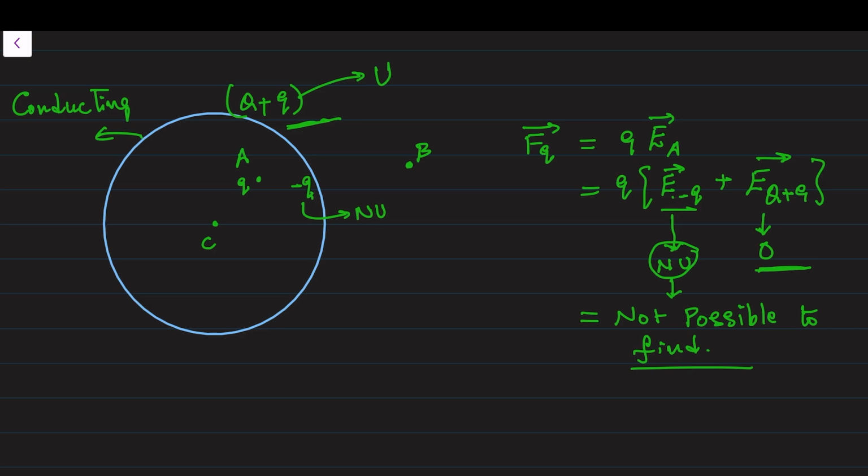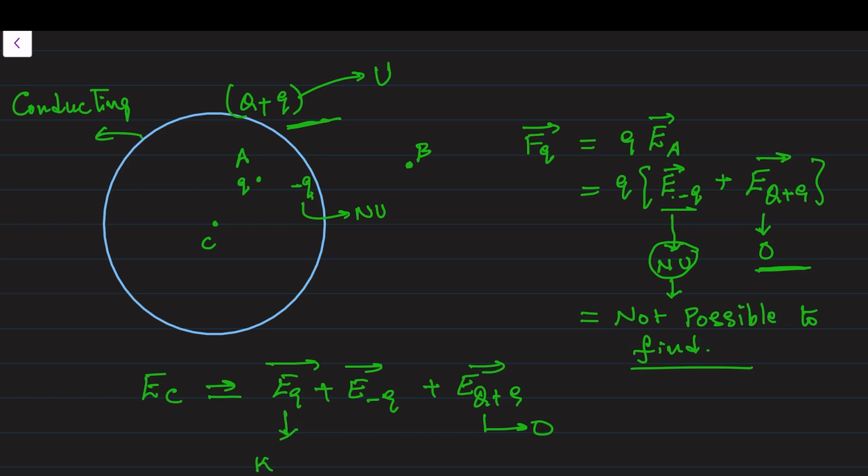Now the second thing they said, find out the electric field at center. Now electric field at center will be due to plus q, due to minus q, and due to capital Q plus q. This is 0. This we can find.